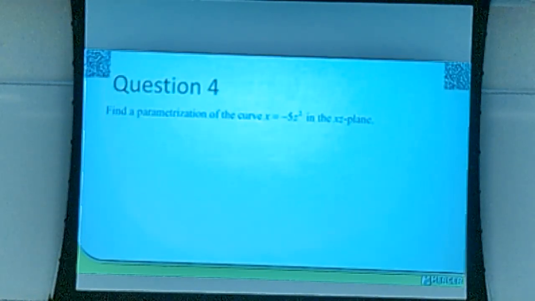Second parameter would be z. That'd be a parameterization. So we are missing a domain. And z can just be anything.